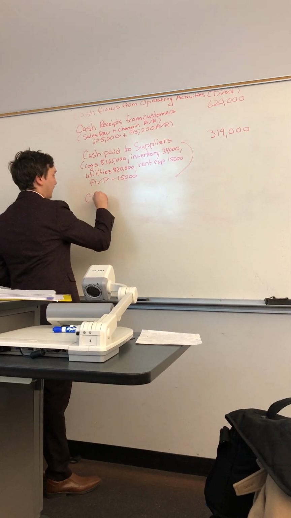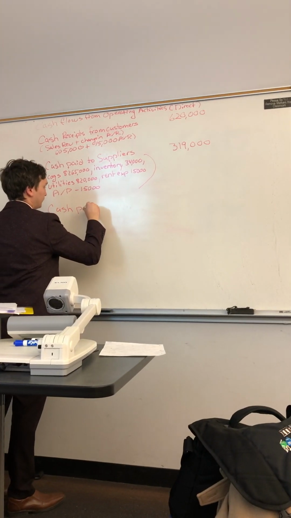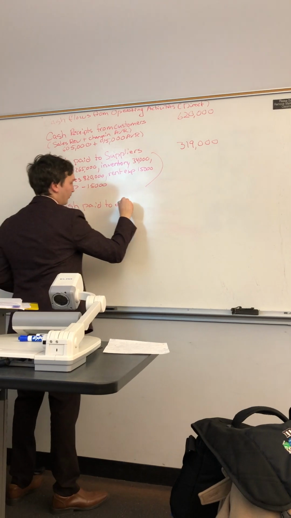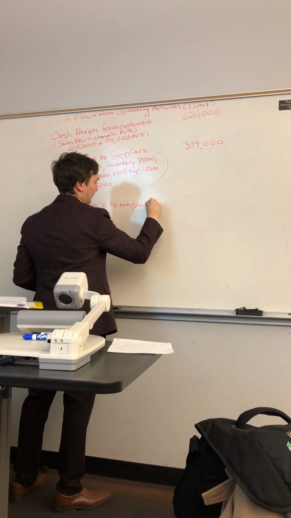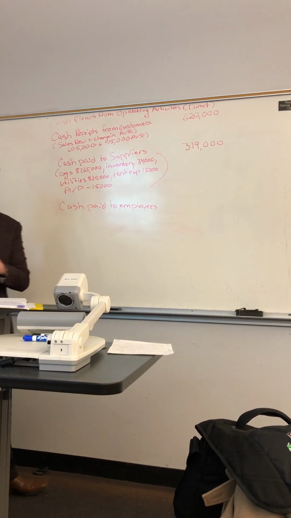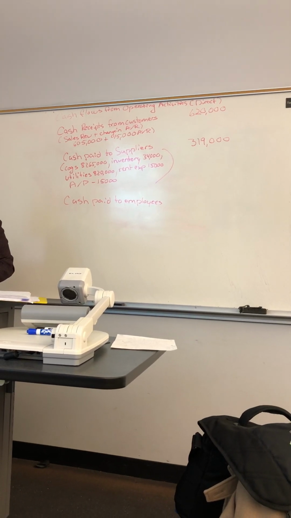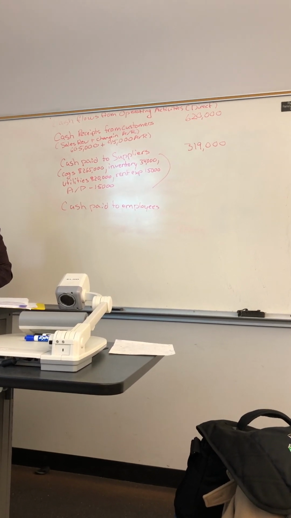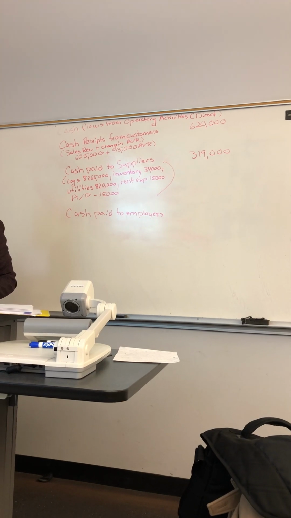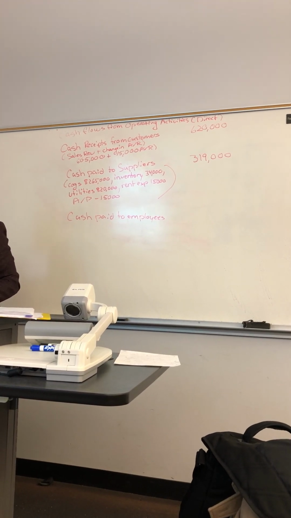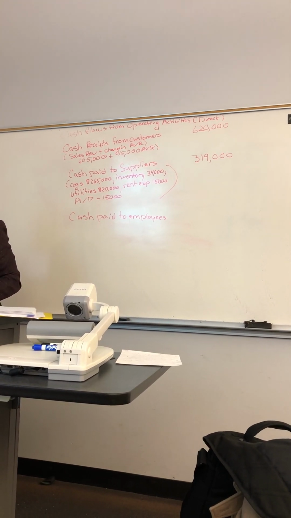The next one is cash paid to employees. So where do we think we would look for that one? Right, wage expense, 50 grand. Do we see any wages payable or anything like that? No, I don't see anything.